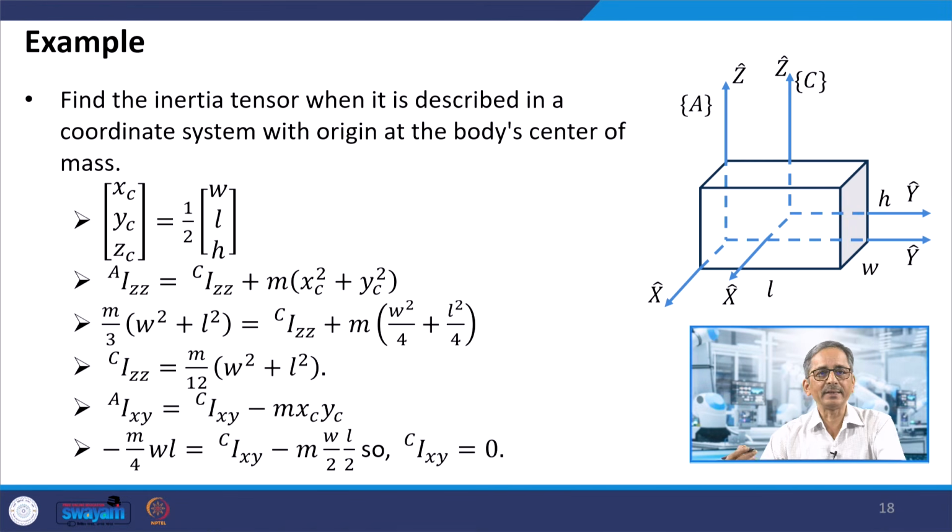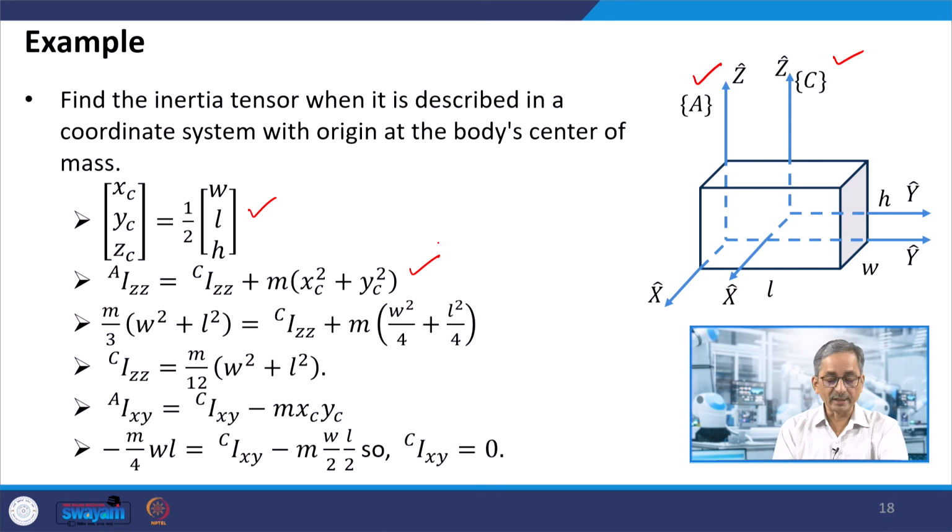This is another simple example which we can use here. In the previous example, we have already evaluated the inertia tensor with respect to the A axis. So, using the parallel axis theorem, we can evaluate the inertia tensor about the frame C. We have xc, yc, zc defined like this: half of the length, width and height.